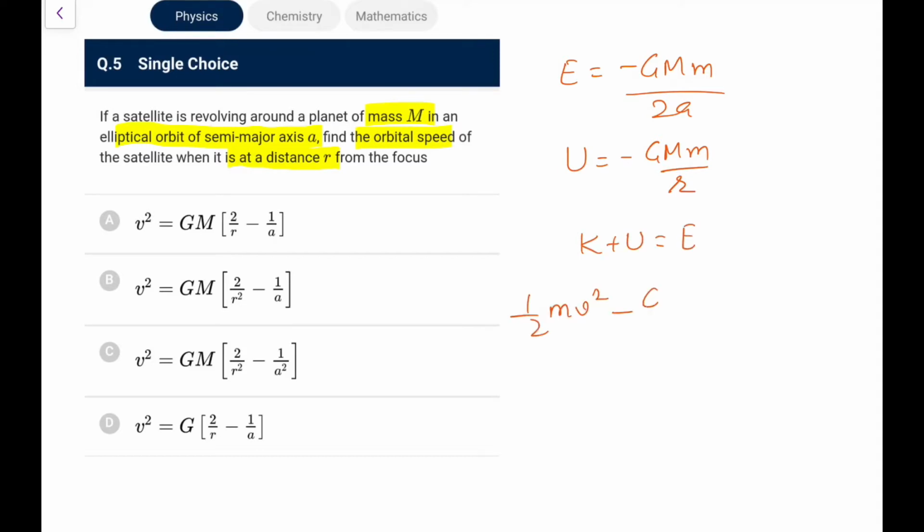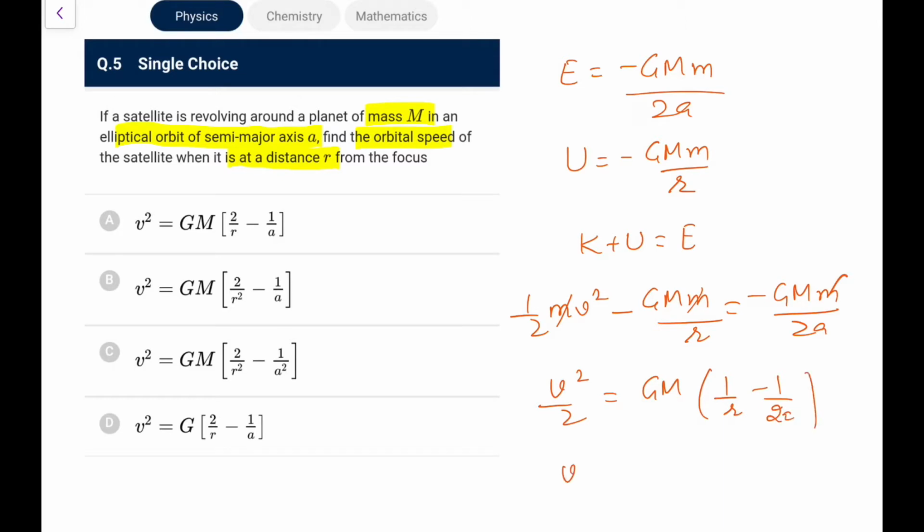So half mv square minus GMm by r is equal to minus GMm by 2a. This m goes, so v square by 2 comes out as GM times 1 by r minus 1 upon 2a. So v square comes out as 2GM times 1 upon r minus 1 upon 2a. Going by the options, it would be option A.